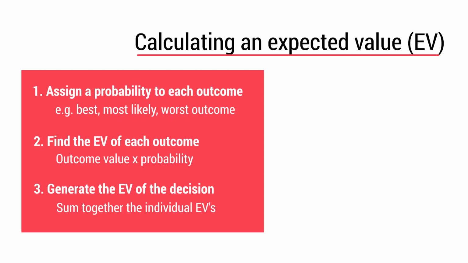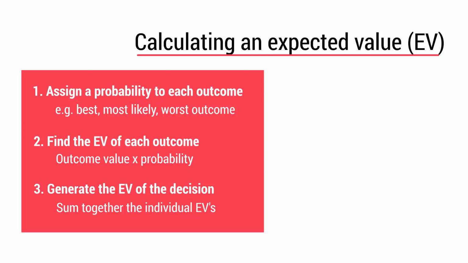Once you have defined those outcomes, you define the expected value by multiplying each outcome's value by the probability, and the final step is to calculate the total expected value by adding together the different individual expected values.